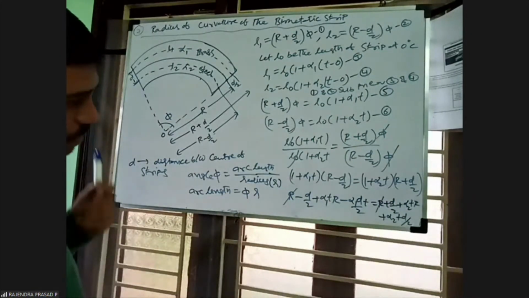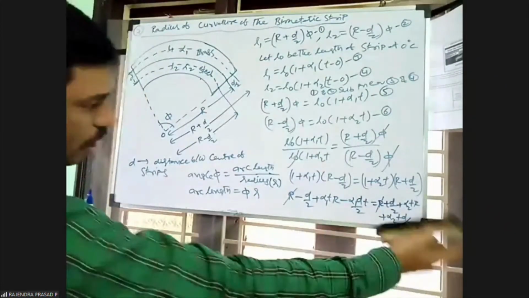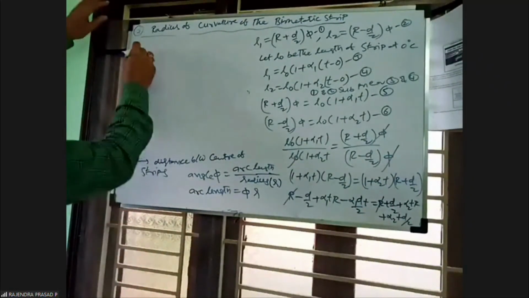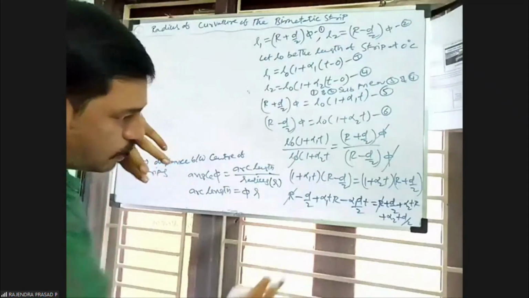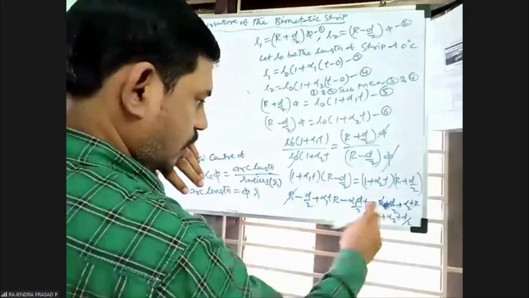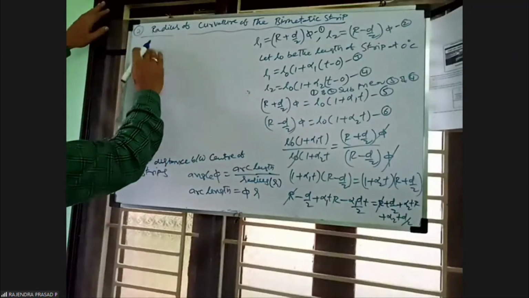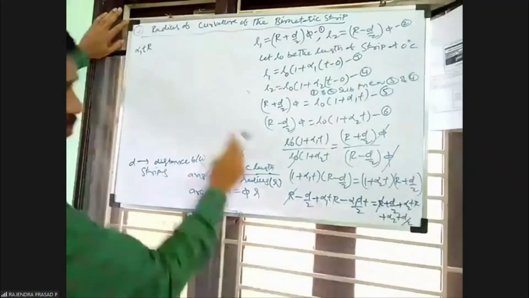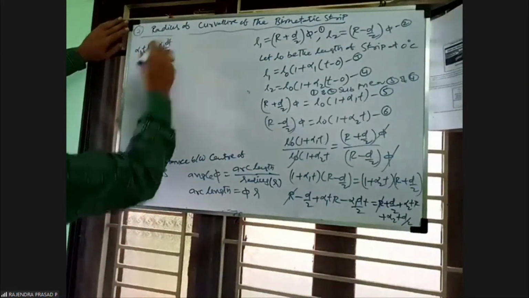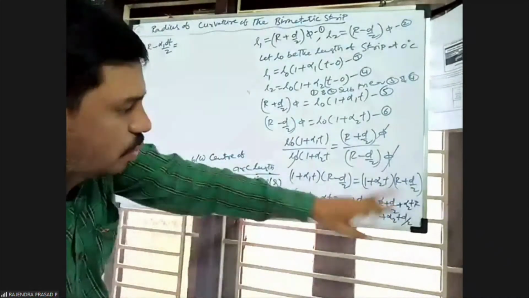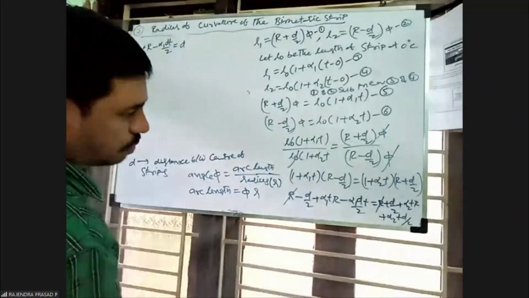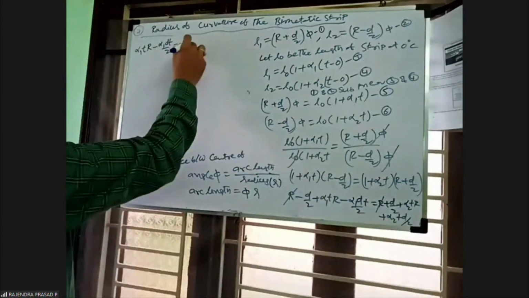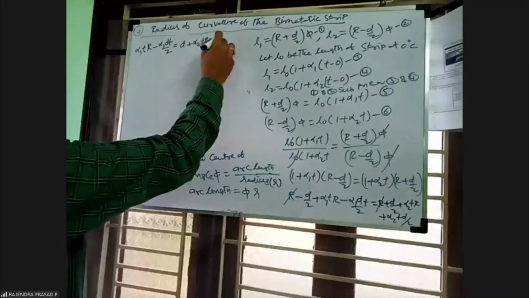Next, shift the d by 2 terms: minus d by 2 and minus d by 2 are shifted across. So alpha 1 t R minus alpha 1 t d by 2 is equal to d by 2 plus d by 2 plus alpha 2 t R plus alpha 2 t d by 2.